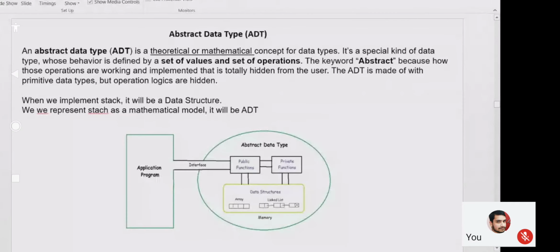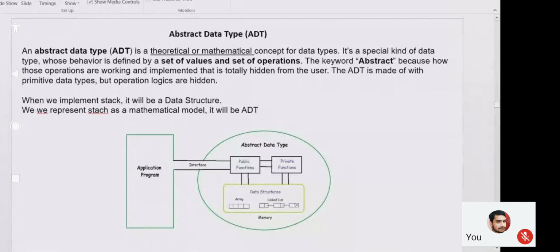Say the elements are 5, 6, 9, 10, 12, and so on. This is your stack, and this is your top variable that points to the topmost element. Now, it's a special kind of data type whose behavior is defined by a set of values, and these are the values 5, 8, 9, 10, 15, 12, and the set of operations.